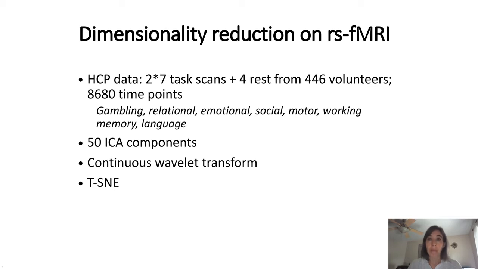At the same time, we found, through basically trial and error, that we needed to expand the frequency representation of these signals. So we applied the continuous wavelet transform to those 50 ICA components to tell us more about what frequency was doing what at what time. And that's the data that we threw into the t-SNE algorithm.